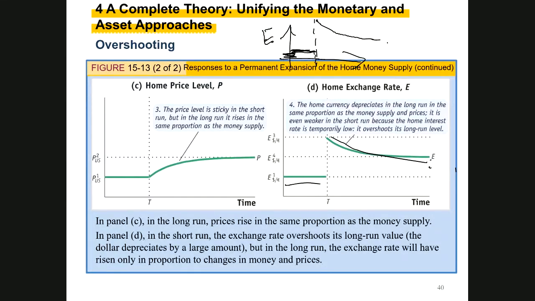It will lead your currency to depreciate, but it's depreciating more than the value that it should be, right? So in the short run, it will jump, and then it will gradually go back to the long run level. This is called overshooting.